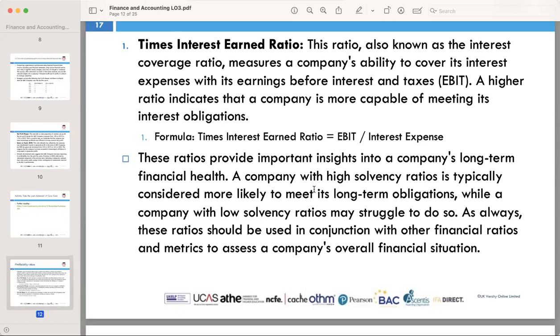The times interest earned ratio helps us assess a company's ability to meet its interest obligations. A higher ratio indicates better financial health, while a lower ratio may raise some concerns. But it is always important to consider that ratio in conjunction with other financial indicators to get a complete picture.